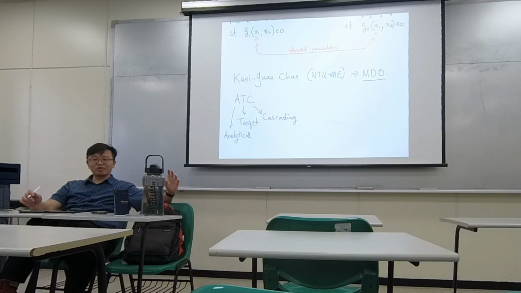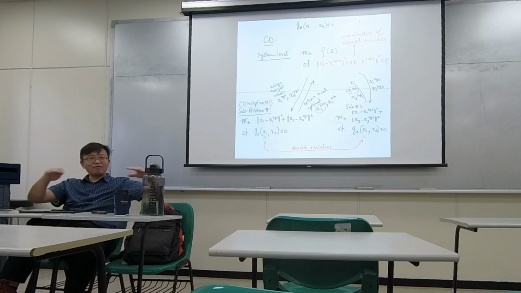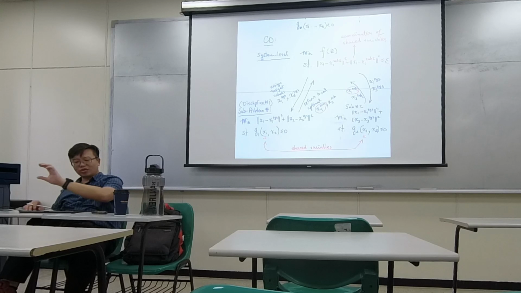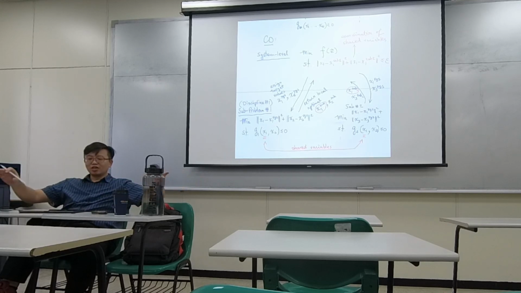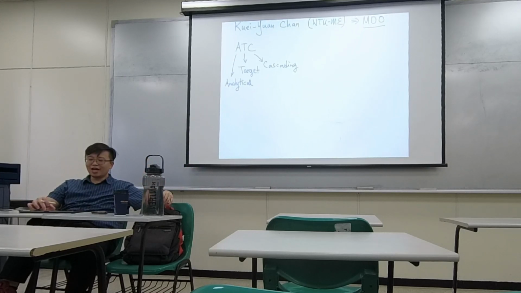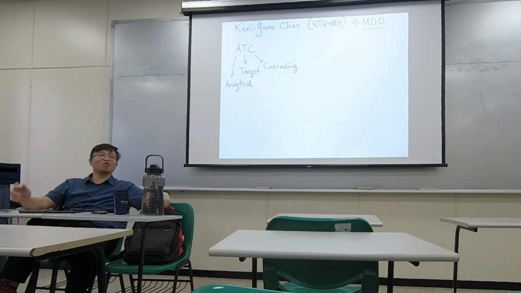So what's the difference between ATC and CO? CO mainly focuses on a two-level structure, one system level and multiple subproblems. So if you have 100 different disciplines, in the second level you will have 100 subproblems, but only one system. So what does ATC do? ATC tries to make a multi-layer structure, so they call it the hierarchical structure.